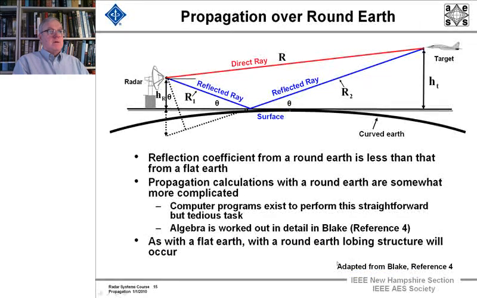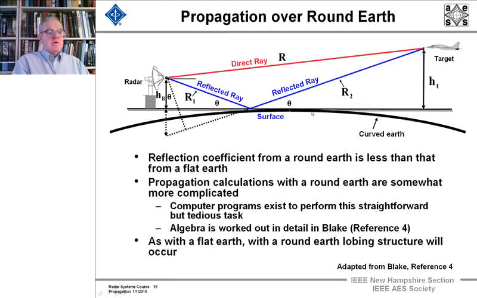Okay. Now we go to a round Earth. Round Earth calculations are really the same physics, but a little different geometry. The propagation is more complicated to calculate, and computer programs exist to perform this, but it's a relatively tedious task. The algebra is worked out in detail in a book by Blake on the radar equation.